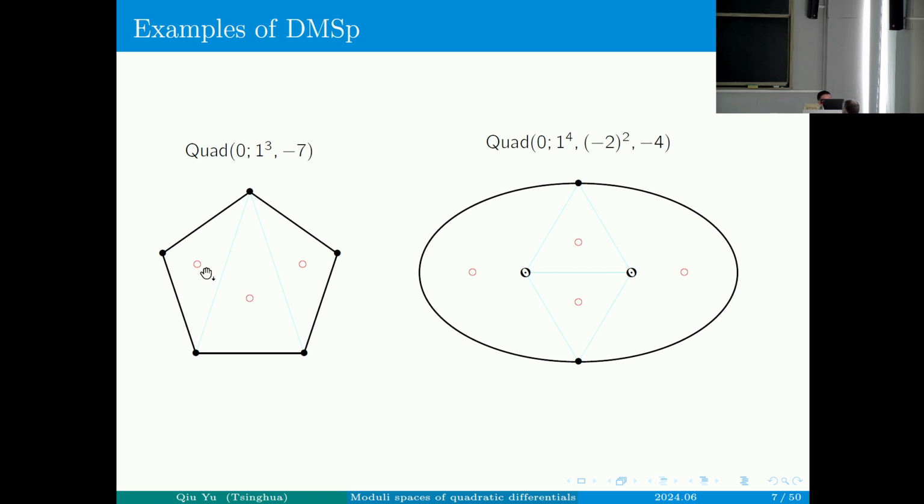And the 3 red decorations tell you there are 3 simple zeros. So that's all the data you need. Topologically it doesn't matter whether it's a pentagon, a straight line, or an ellipse. I just draw it to make it more beautiful.